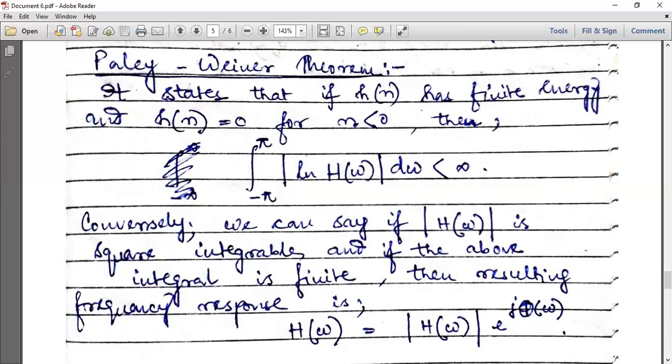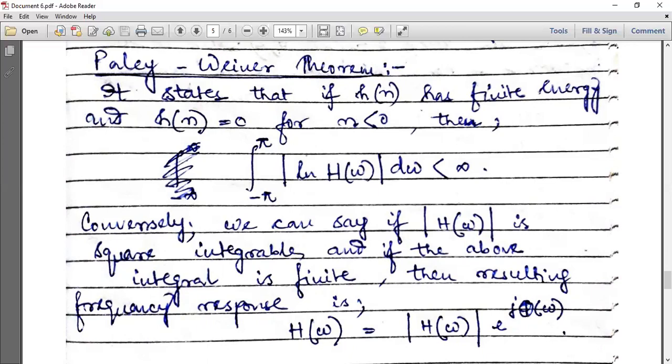Now, in filter design, there are four things we need to specify. Listen carefully. One is the maximum tolerable pass band ripple. Second is the maximum tolerable stop band ripple.